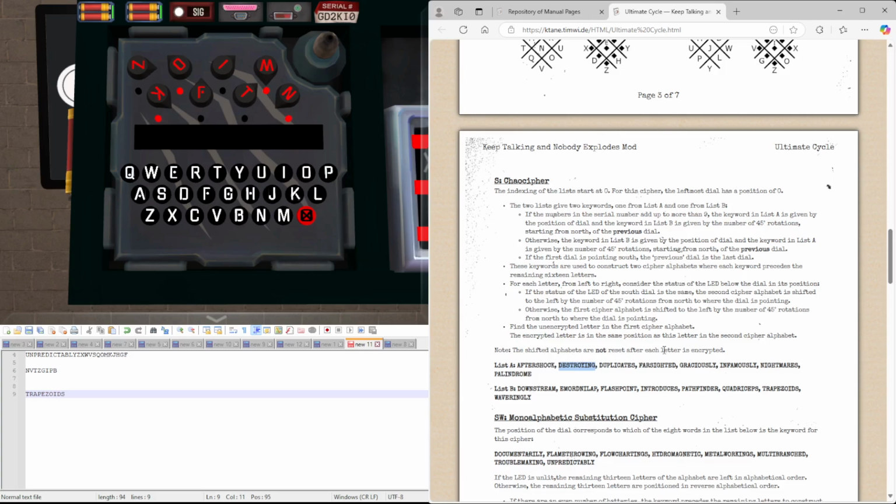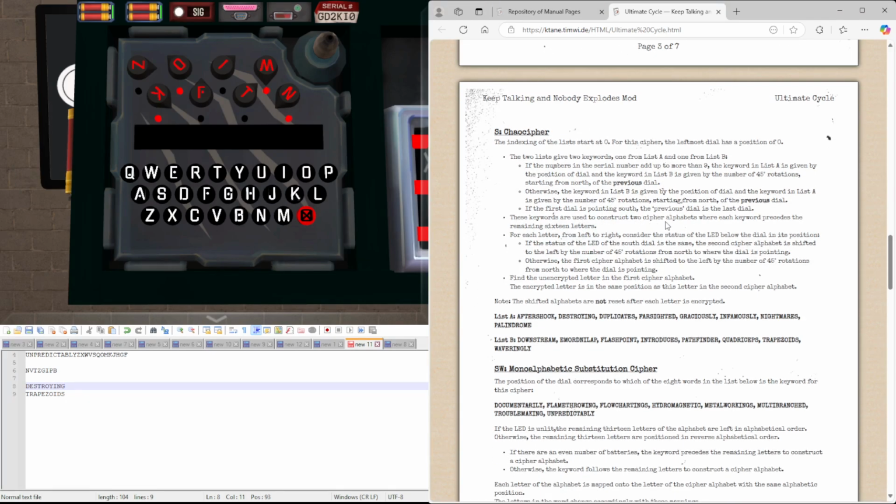Zero, 1, 2, 3, 4, 5, 6. Yeah. Zero, 1, 2, 3, 4, 5, 6. And then 0, 1. Those are used to construct two cipher alphabets, where each keyword precedes the remaining 16 letters. Okay.